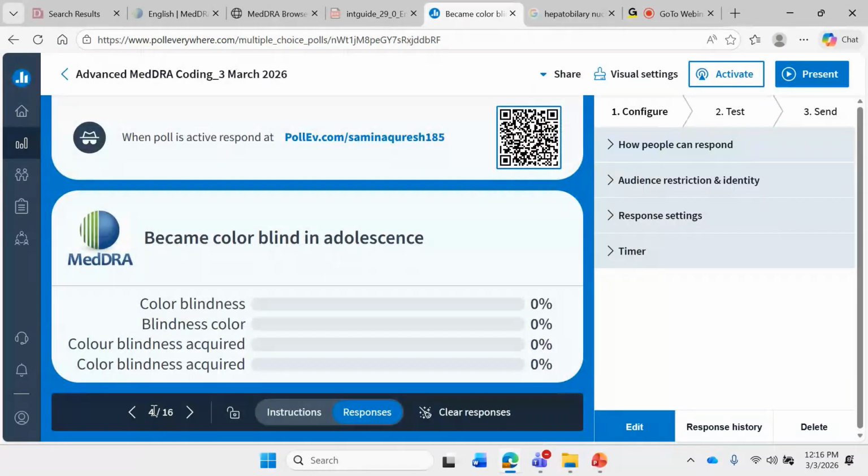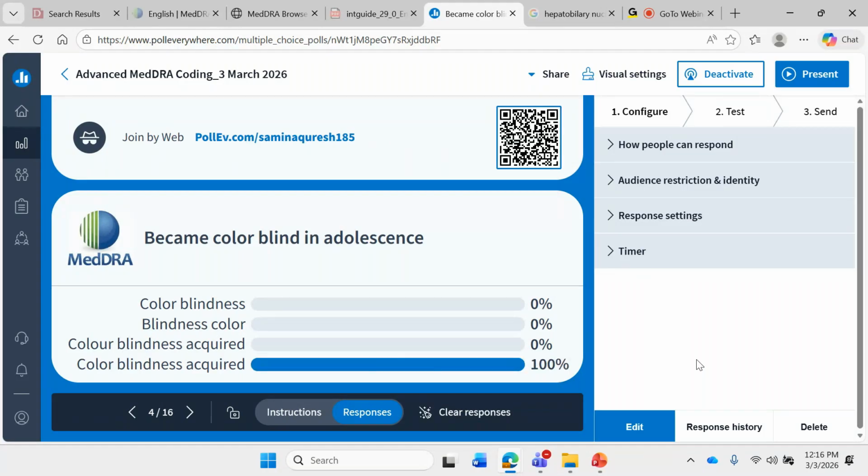Here's our next exercise. Became colorblind in adolescence. Okay. Which one would I choose? And I want to do all of the information. Became colorblind in adolescence. And 82% of you are choosing color blindness acquired.